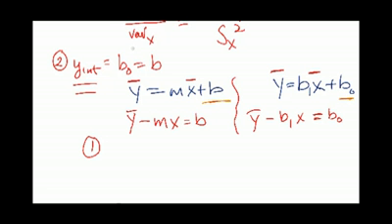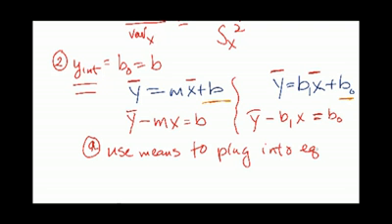Hopefully you found the means whenever you were finding your covariance and your variance. So you're going to use those means to plug into the equation above and solve for your y-intercept.